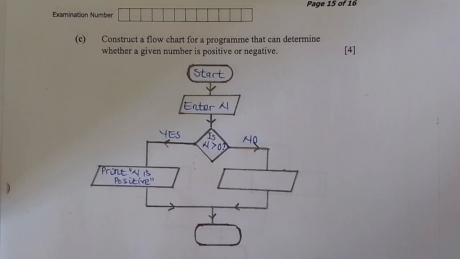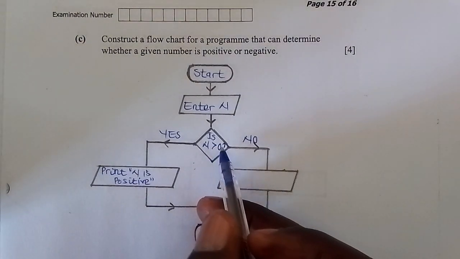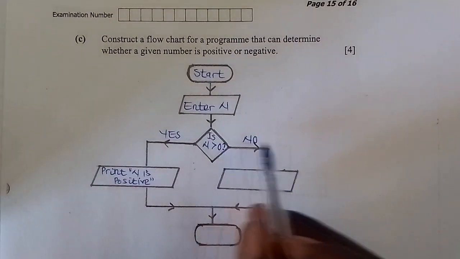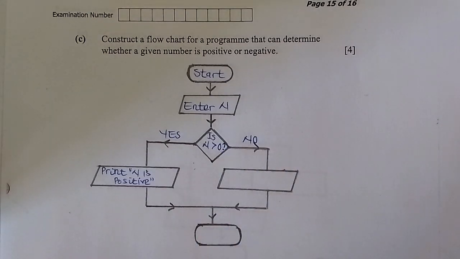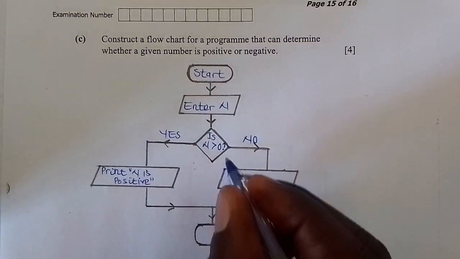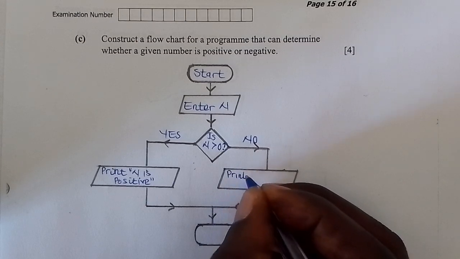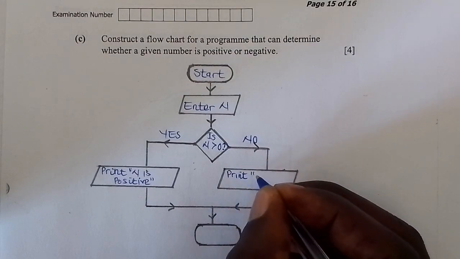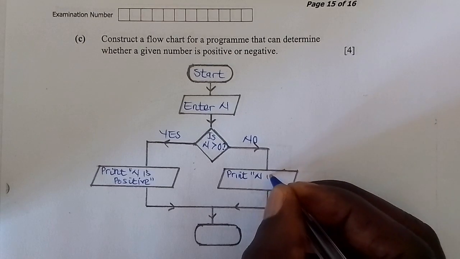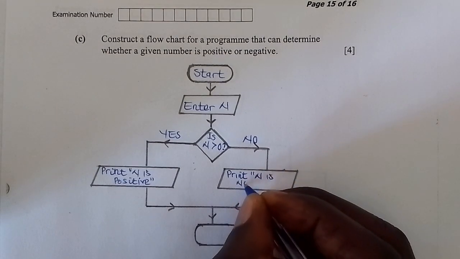So our n is positive when it is greater than 0. What if no, n is not greater than 0? Then the outcome we're going to have is print n is negative.